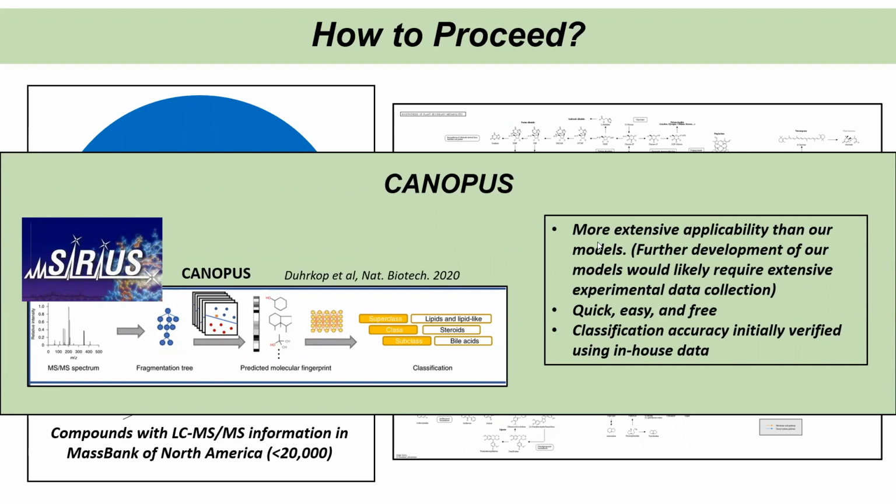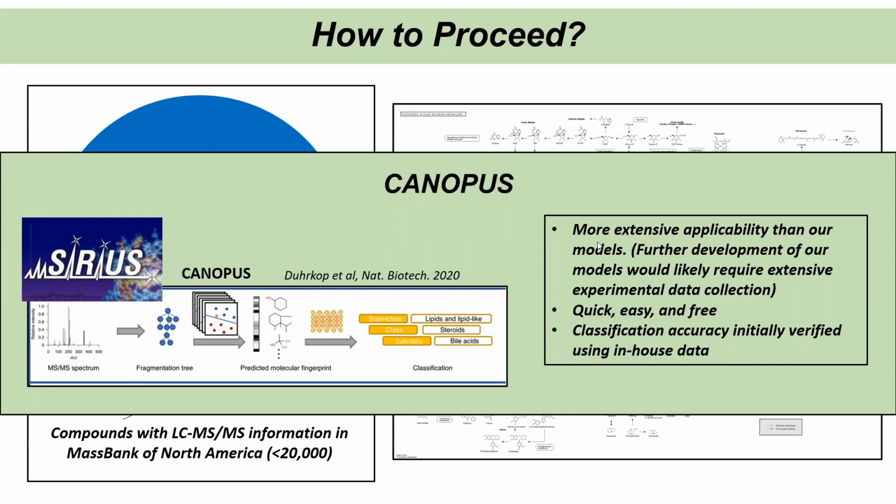Further development of our models would likely have required extensive experimental data collection to generate these fragmentation patterns. Since CANOPUS is quick, easy and free to use, we decided to first test its classification accuracy.